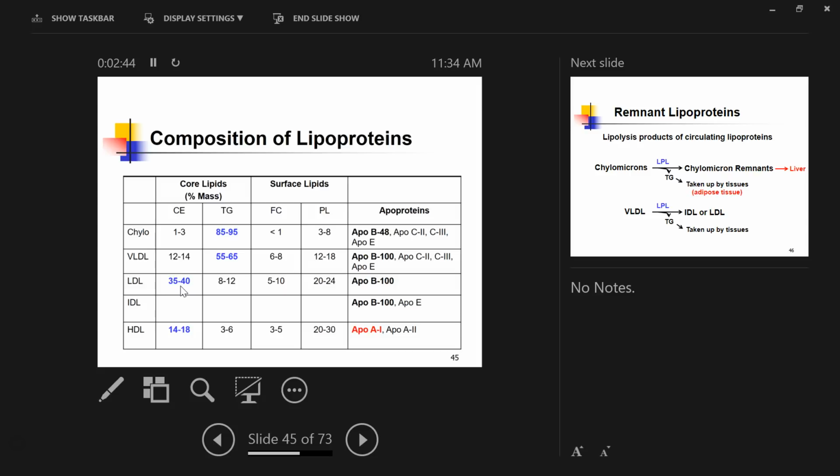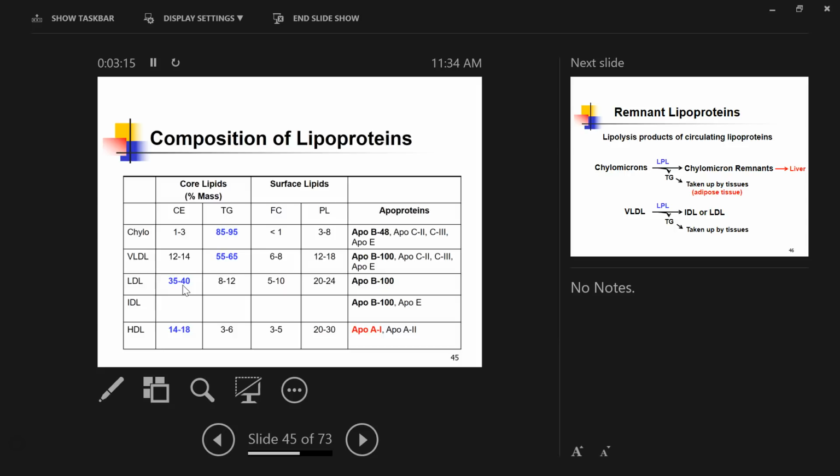And 56. What is the function of chylomicron? Where is chylomicron synthesized? In the small intestine, right? The main function of chylomicron is to transport triglyceride, which is initially absorbed from the diet, from the small intestine to adipose tissue for storage.